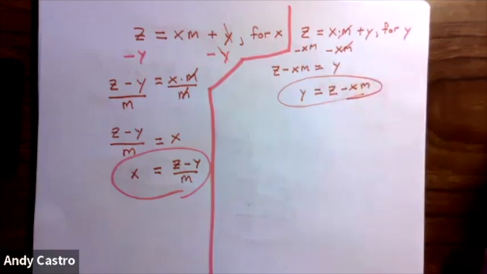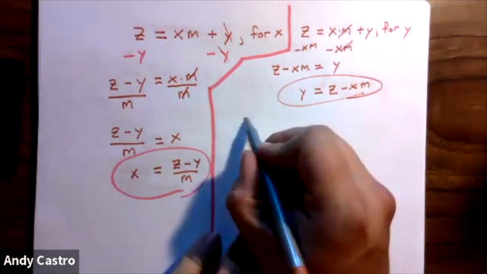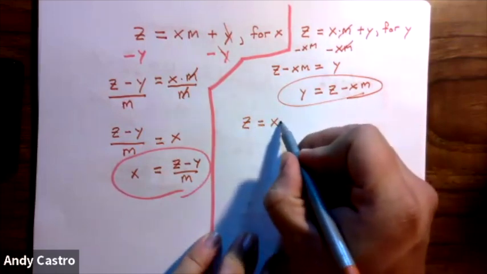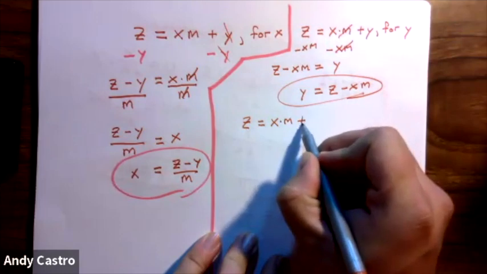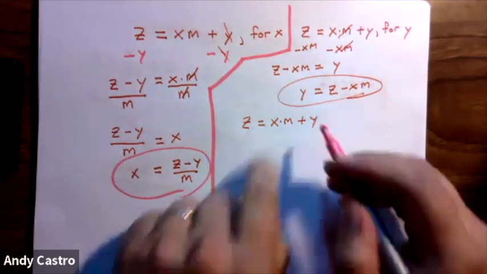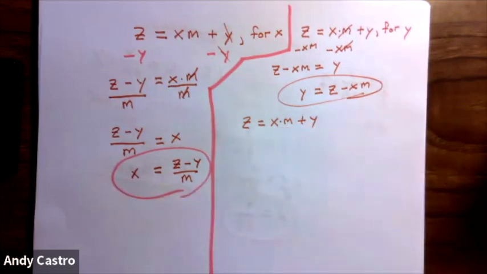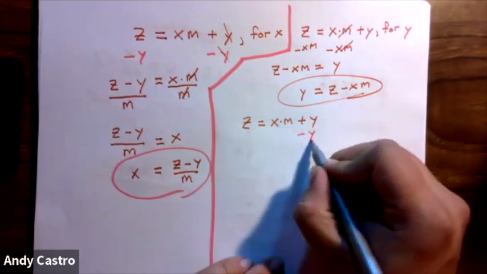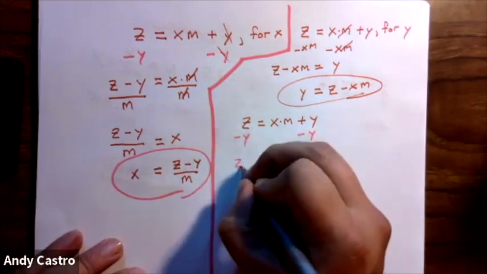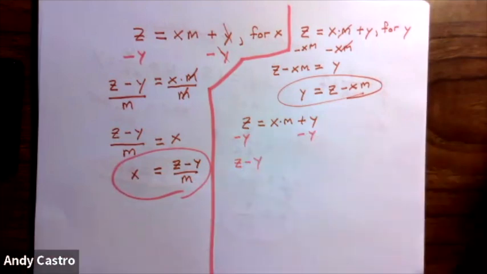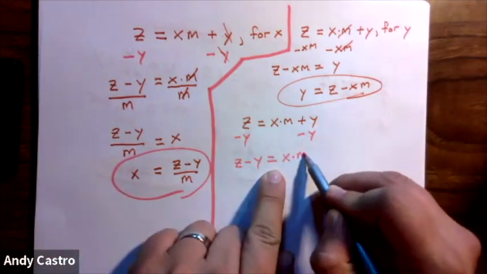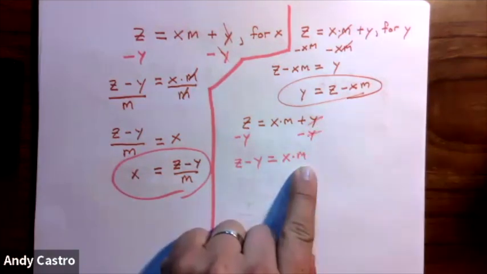Now let's solve it for the letter m. We'll redo it. Z is equal to x times m plus y. So here, if I want to get m by itself, I'm going to subtract y from both sides. I'll have z minus y is equal to x times m, and then these two cancel.